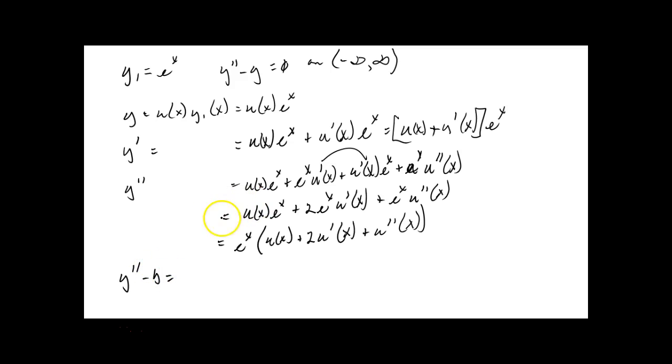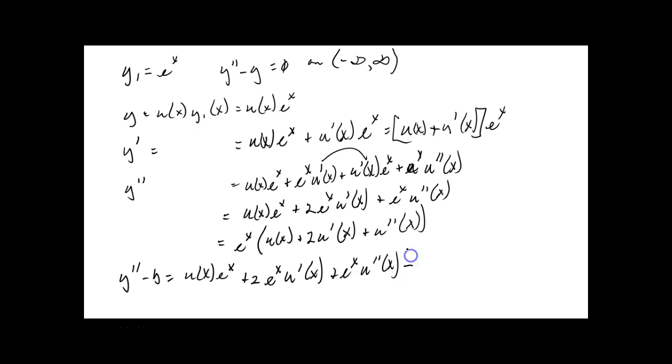Y double prime is u of x e to the x, plus 2e to the x u prime of x, plus e to the x u double prime of x, minus u of x e to the x, and this is supposed to equal 0.